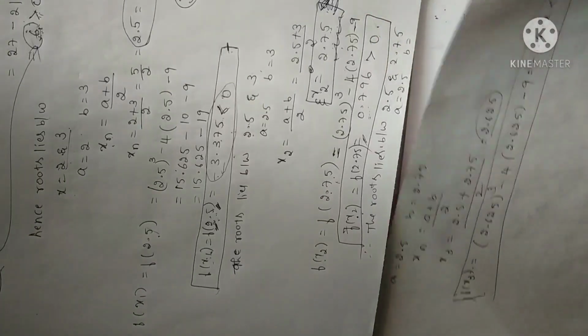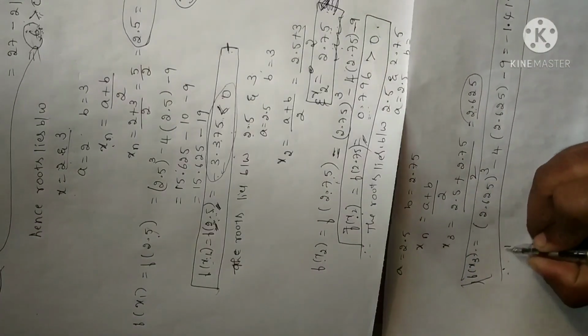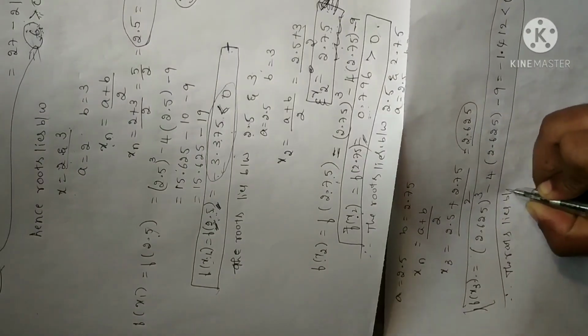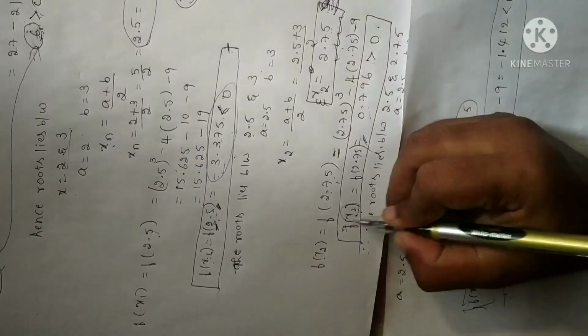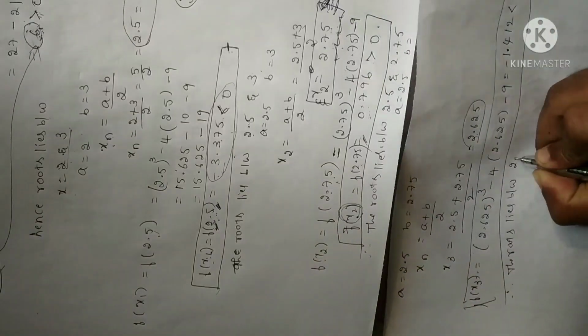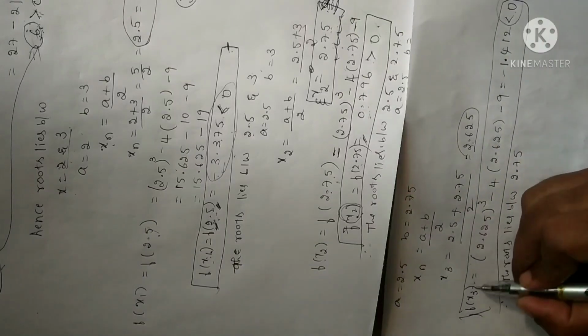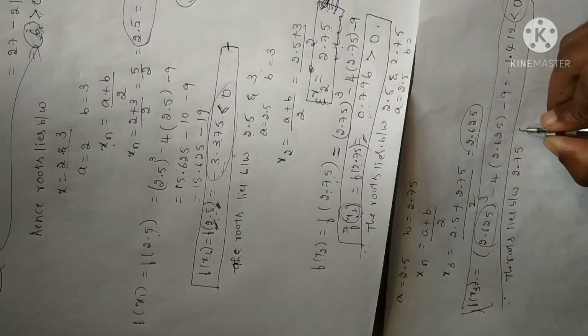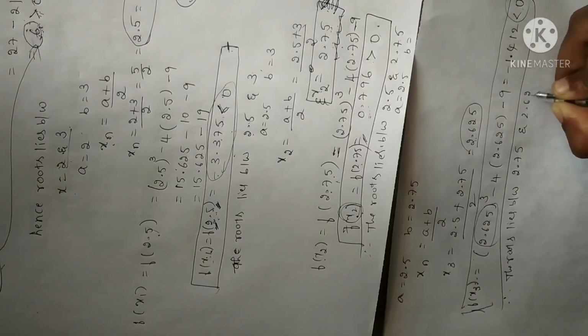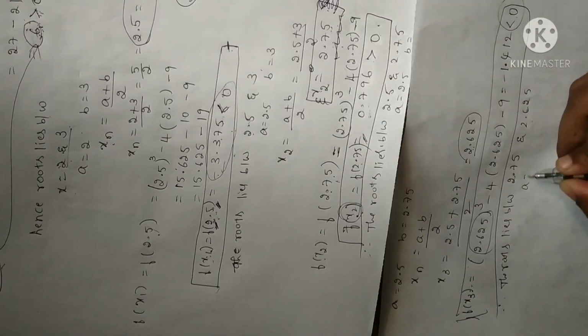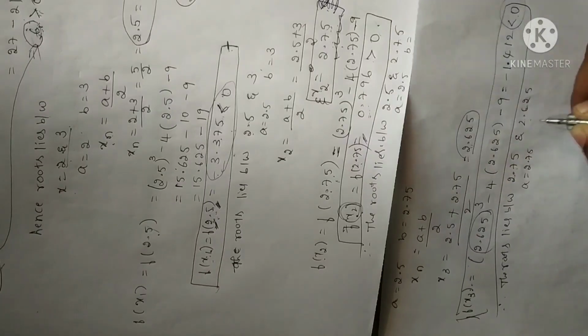So we can clearly write the statement as, therefore the root lies between the positive value when we have x2, x2 is 2.75, and here you have negative for x3, which is 2.625. So now the root lies between these two values. Take this as A and this as B.